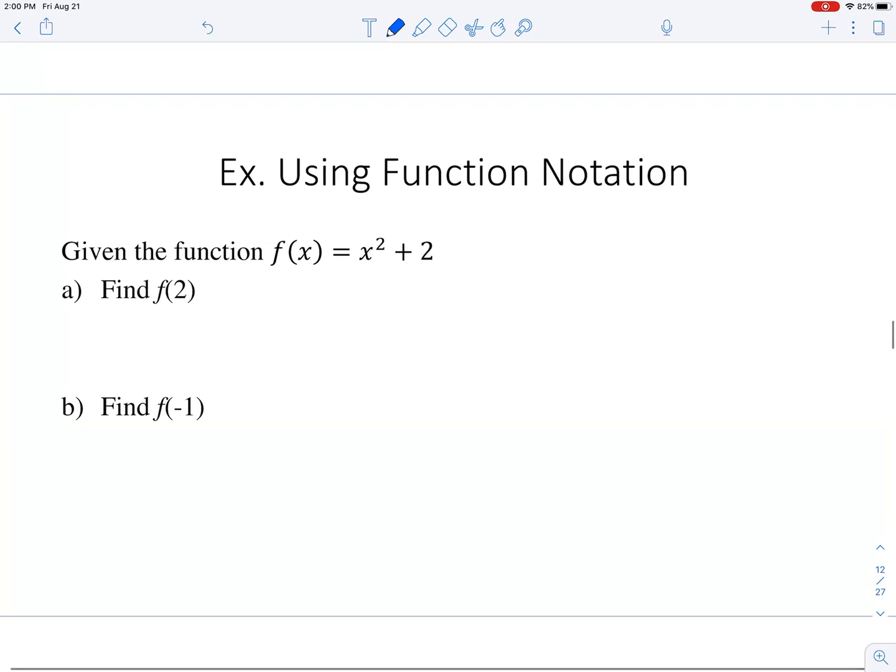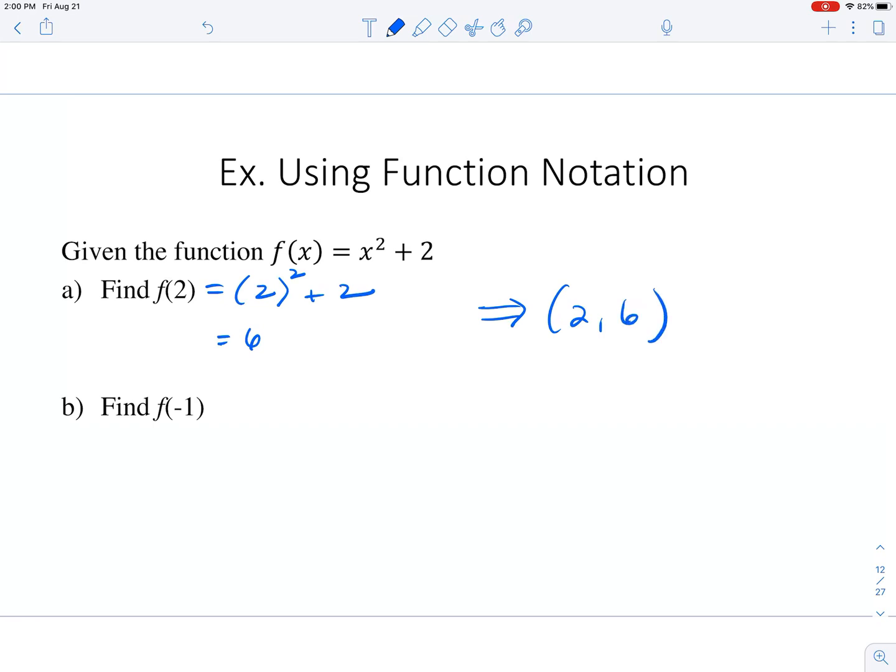So to do that, f of 2 will be equal to, use parentheses to substitute values in so you don't make any sign errors, 2 squared plus 2, and then we can simplify. So that would be 4 plus 2 equals 6. So we now know that the point (2, 6) would lie on the graph of f of x.